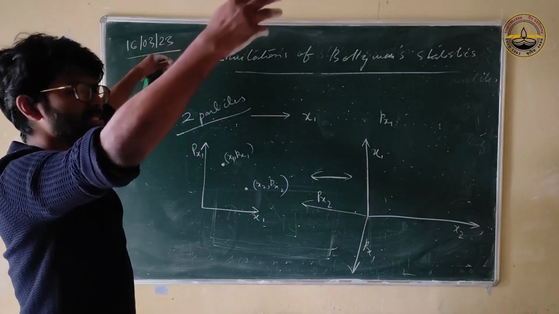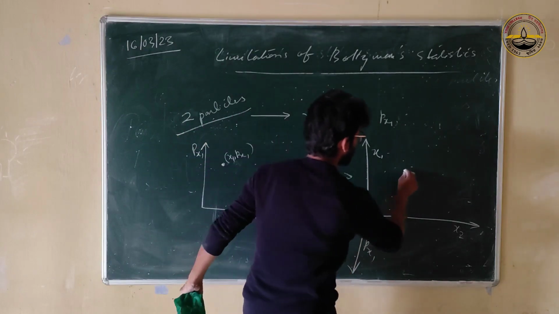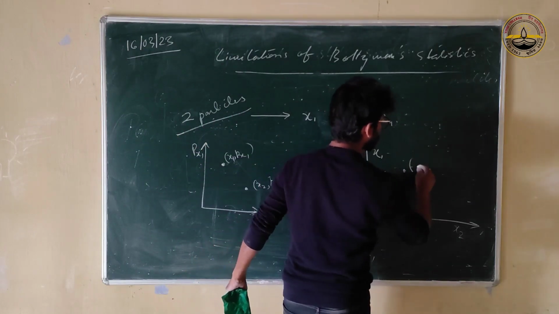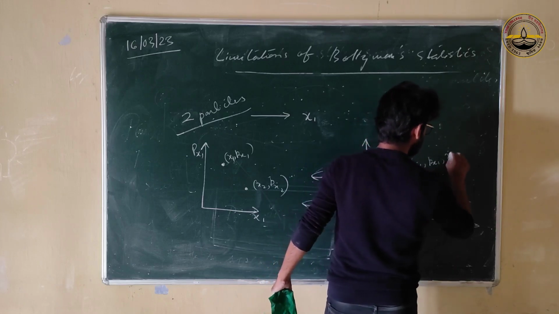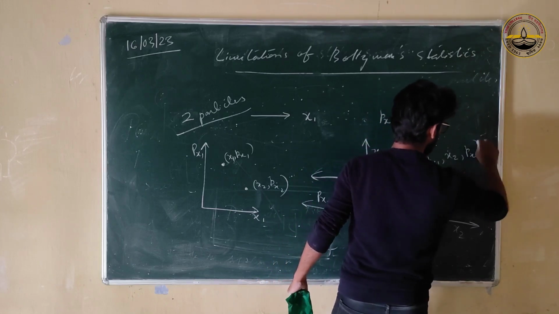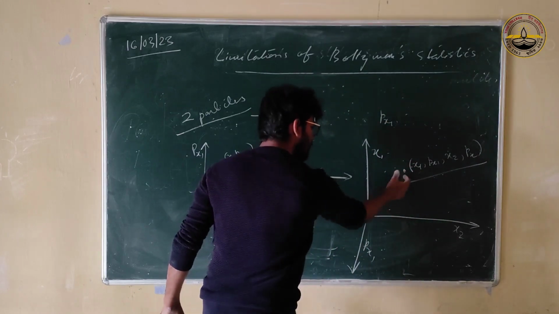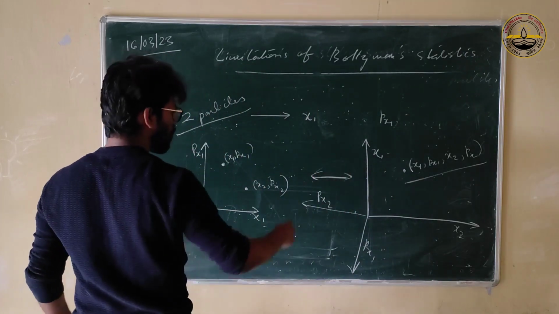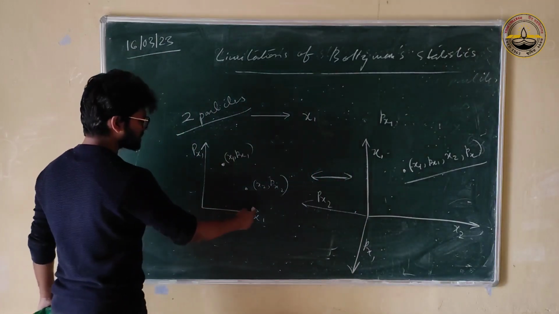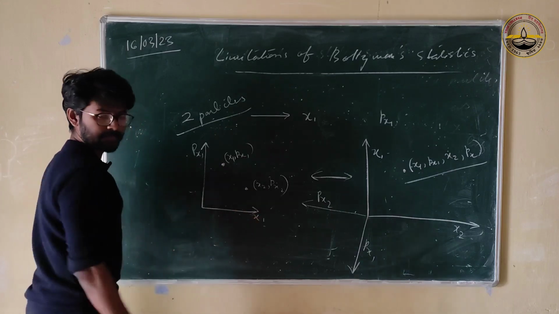Then only one point with the coordinates x1, px1, x2, px2 will give you the exact state of the two particles. Or you can have the other space and give two points in it.